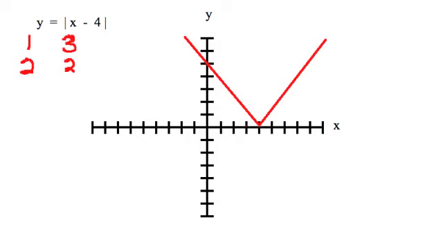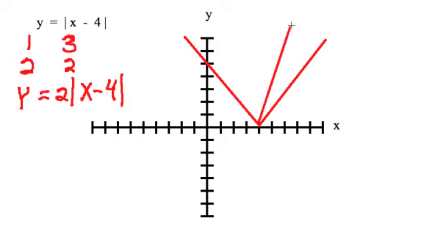And if you have, say, something like y is equal to 2 times the absolute value of x minus 4. Well, that just makes it move faster. As x moves, y moves twice as fast. So it would be like this.